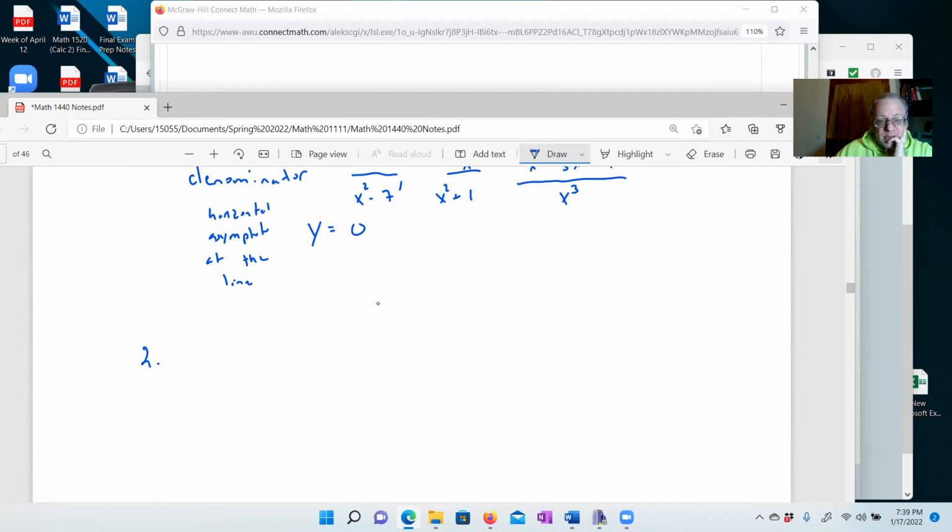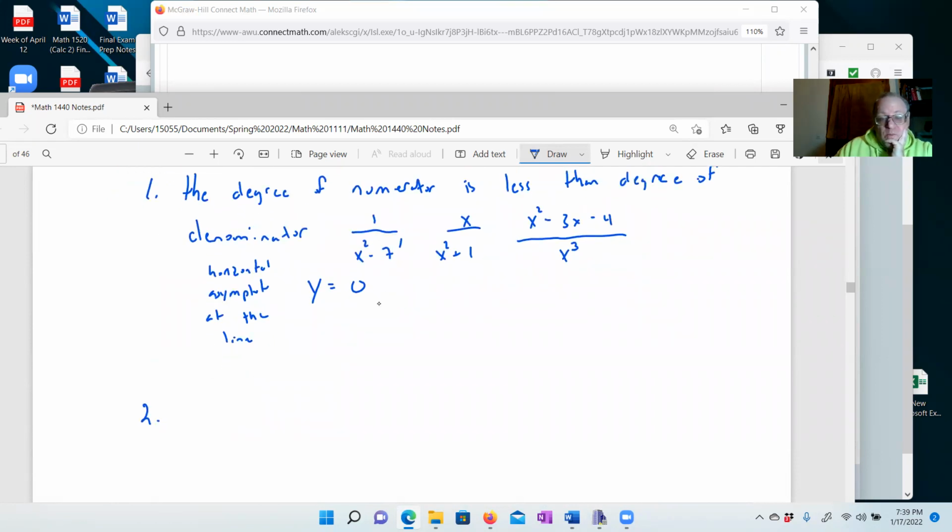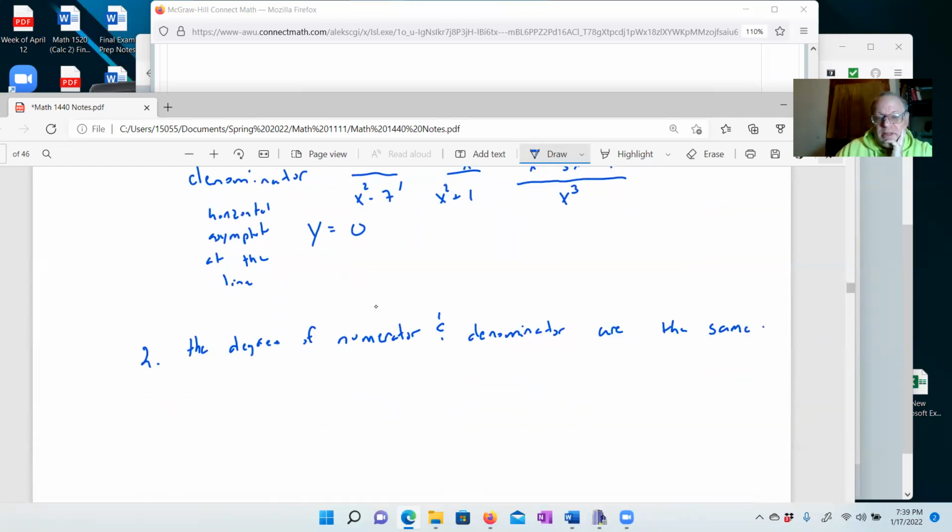Okay, part 2. What if the degree of the numerator and the degree of the denominator are the same? What you're looking for is something like 3 minus 2x over 5x plus 1.